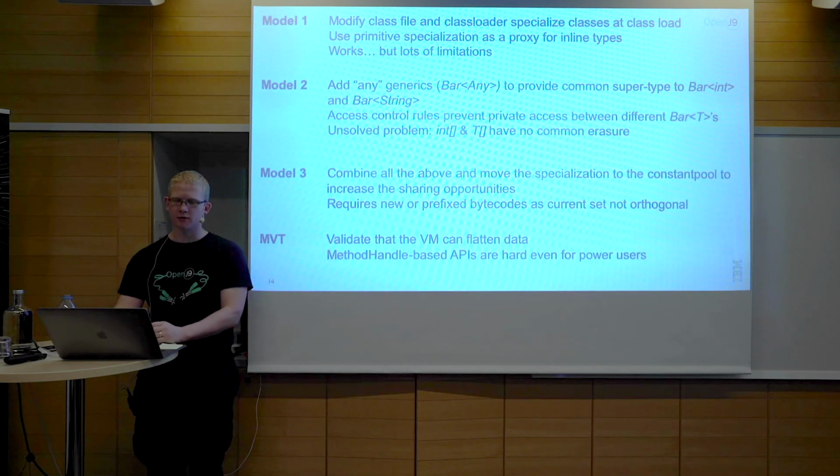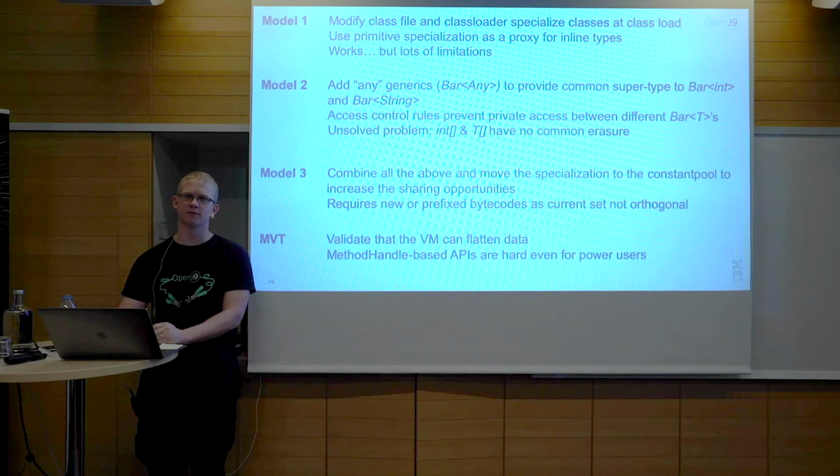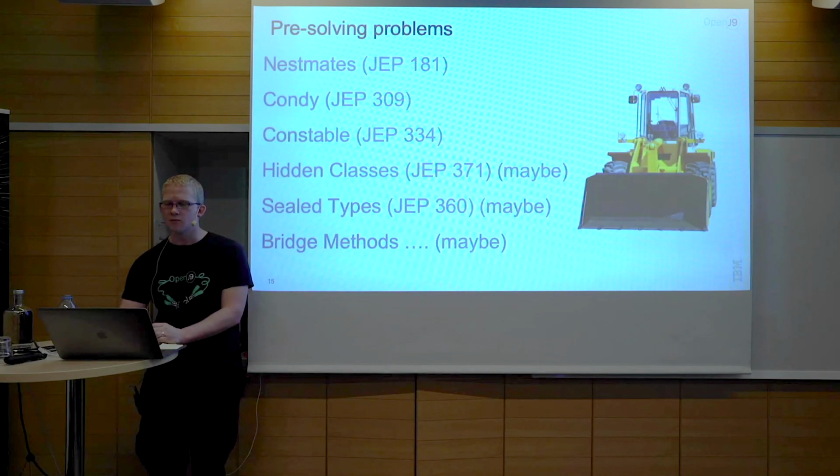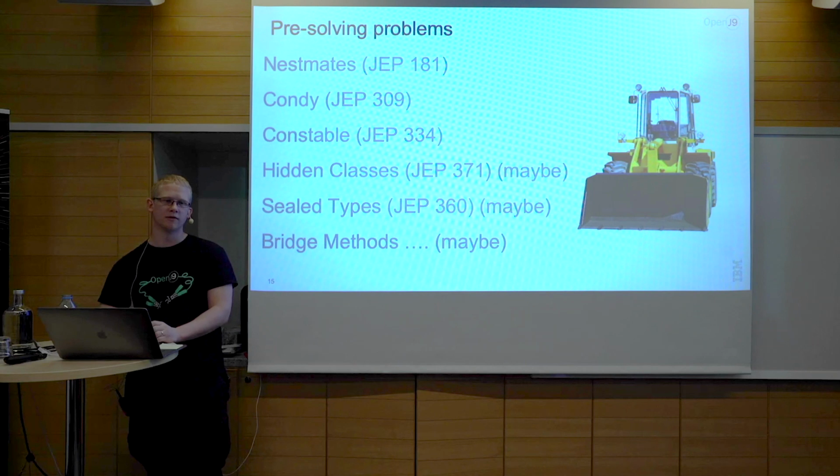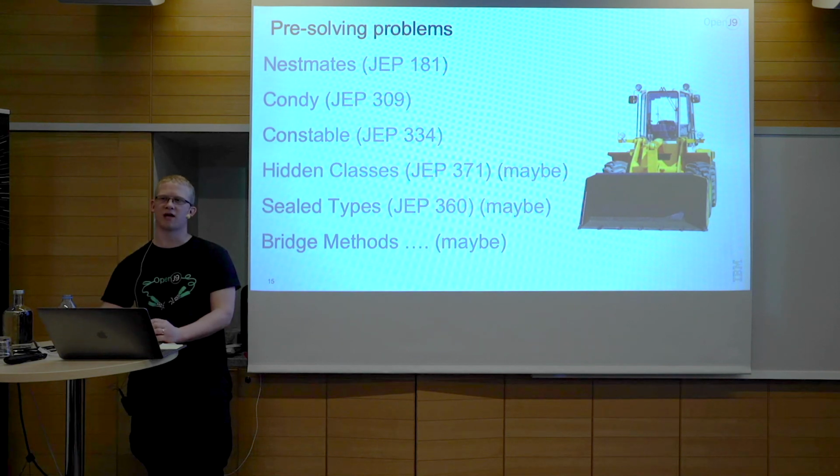But it's not like we took our learning, wrote it down somewhere, and have been ignoring it. As we've been progressing along, the Valhalla expert group has been feeding JEPs back into the system. And a lot of this has been to simplify some of these problems that we've been dealing with, to solve the problems rather than having to solve all of these things at once.